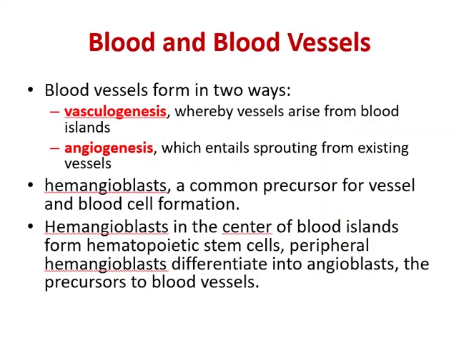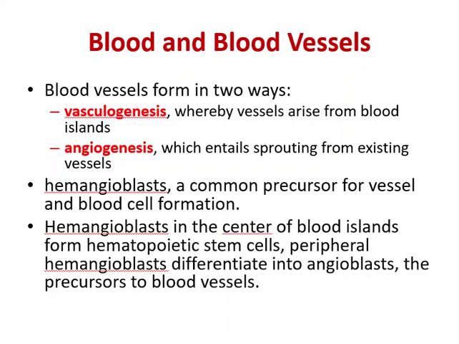The blood and blood vessels formation. We have two ways to form blood vessels. The first way is vasculogenesis, whereby the vessels arise from the blood islands, or angiogenesis, and this entails sprouting from existing vessels.